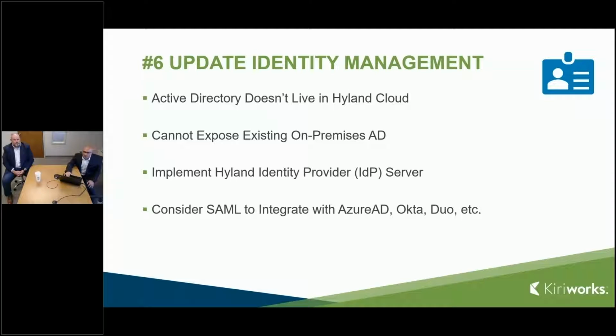So Hyland provides the ability to do this today with the Hyland IDP server. This allows you to use a more modern technology. It's configured using JSON, and it runs as a web server and allows you to integrate with any number of identity servers. Examples would be Azure AD, Okta, Duo, and those are commonly used with something like SAML and OpenID Connect to make that integration point.